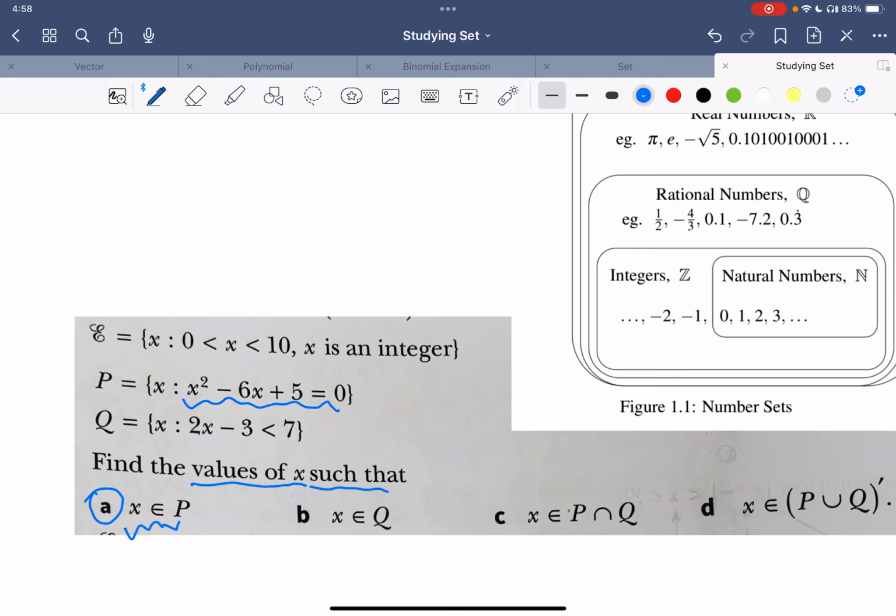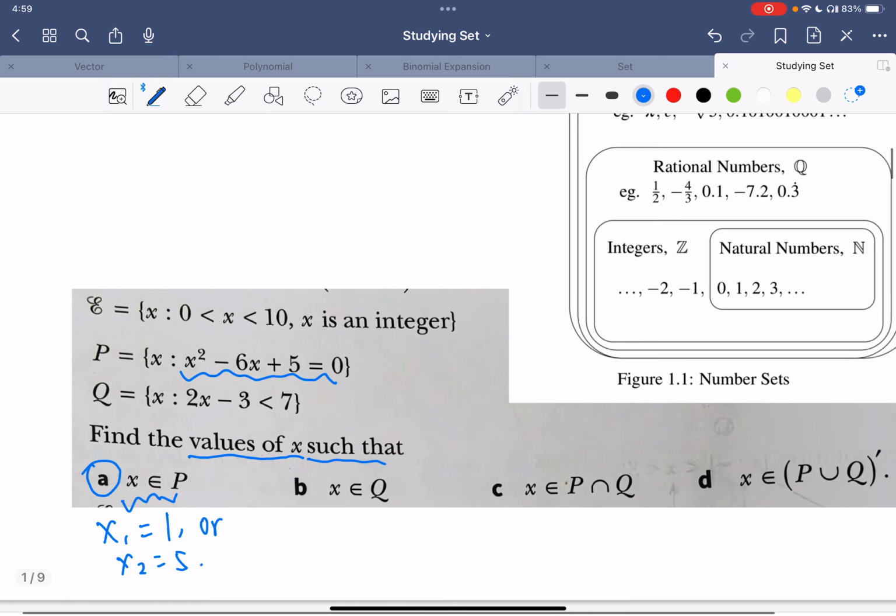So simply we have to solve the equation to satisfy the condition that x is an element of the set P. It's a quadratic equation, very simple, right? So the answer is x either equals 1 or x equals 5.